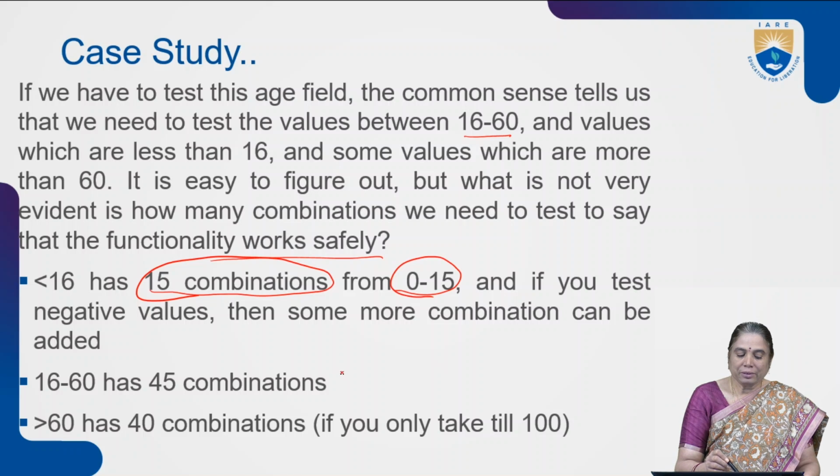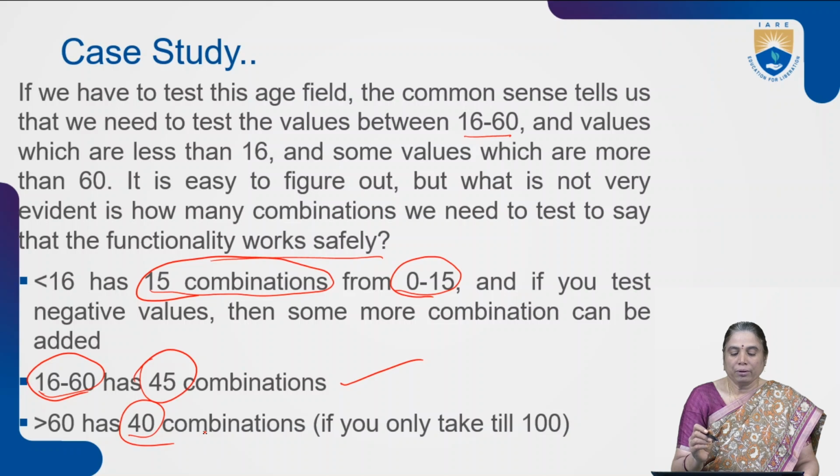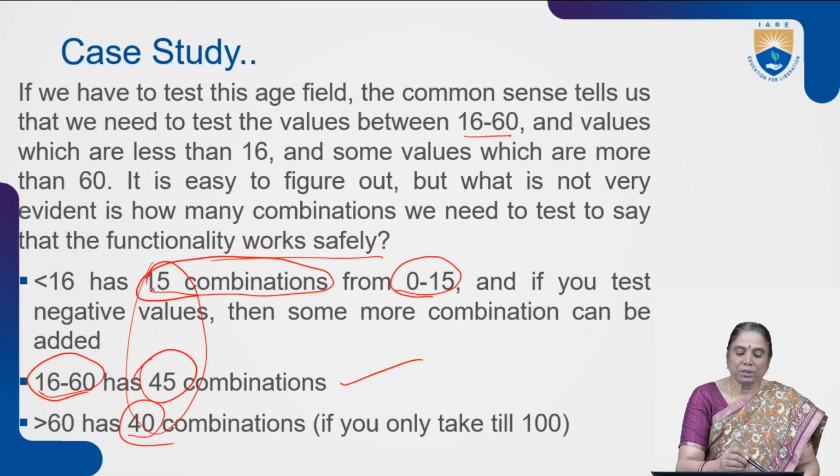Another range is 16 to 60, a valid range to fill the form, which has 45 combinations to test. And greater than 60 has 40 combinations to test, to thoroughly test the application. The 15, 45 and 40 combinations in total are designed as test cases to test the application.